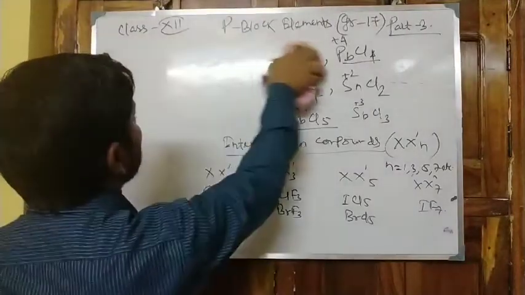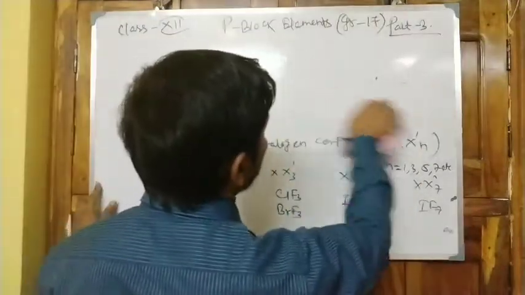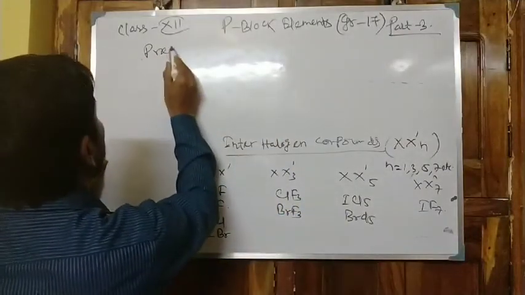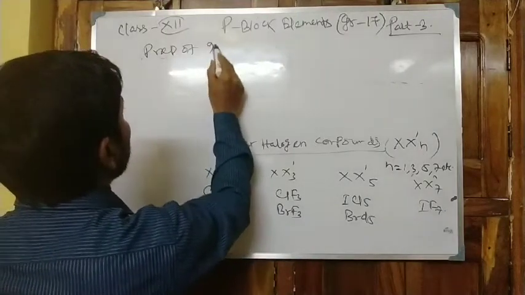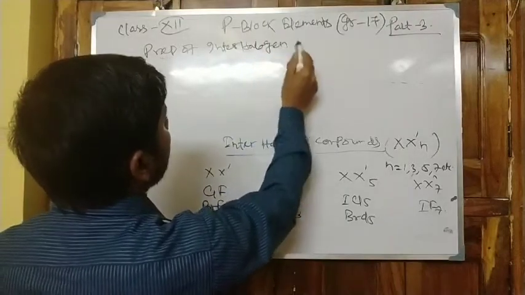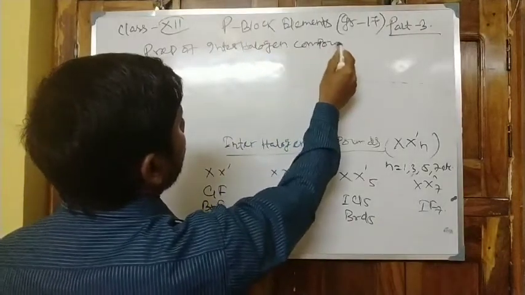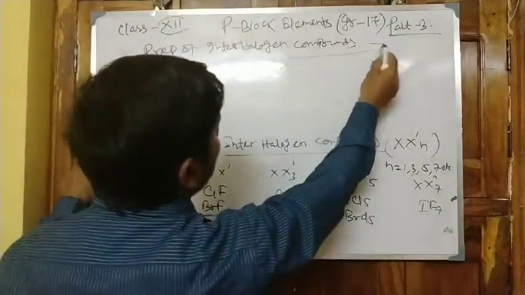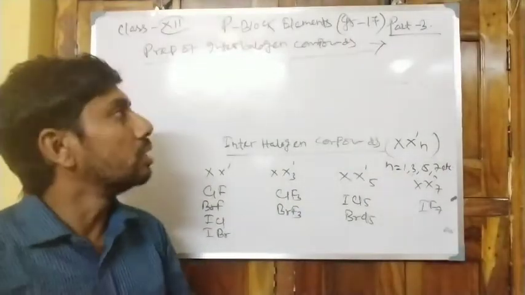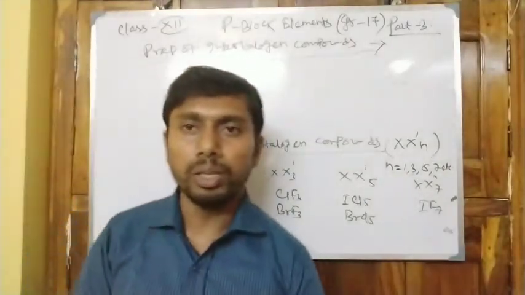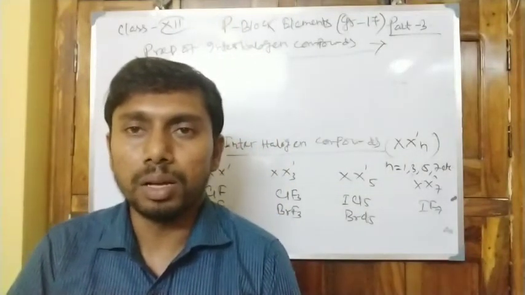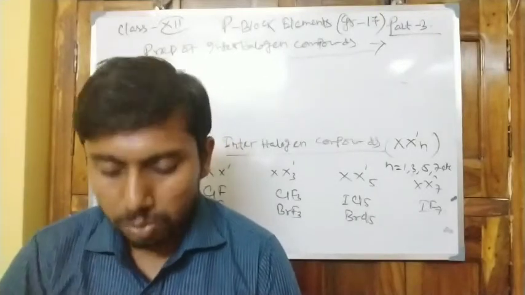Preparation of interhalogen compounds. Here different reaction conditions are required: somewhere it is an equal volume of the reactants, somewhere temperature is the factor required for the reaction.